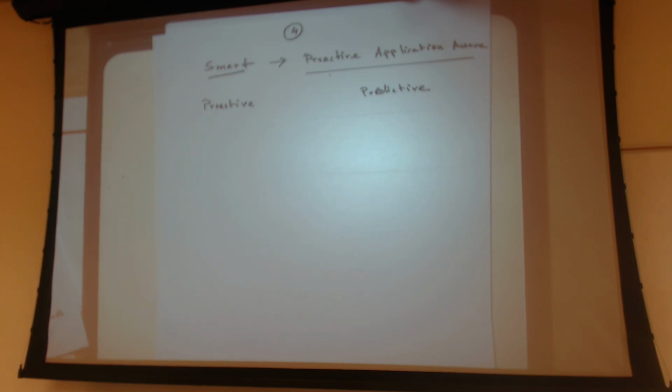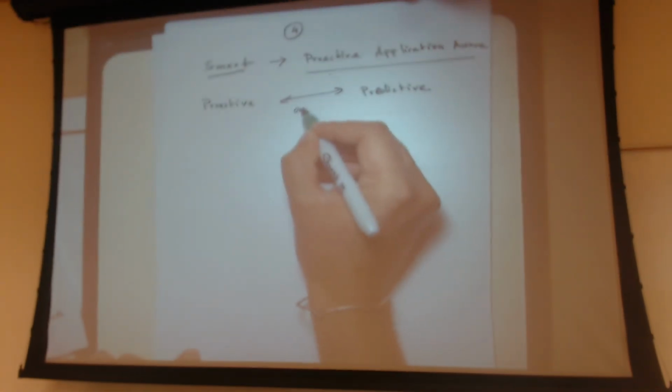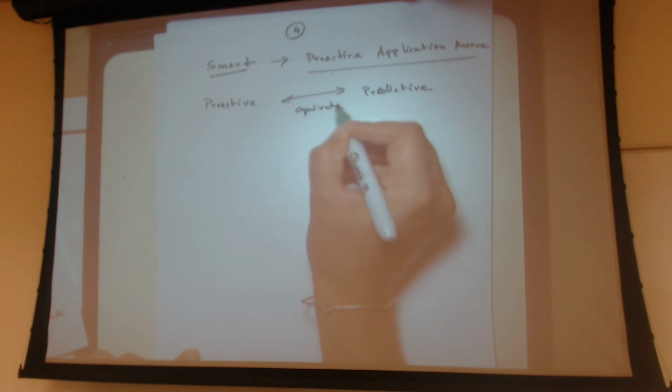But predictive means that you have some predictive algorithm and take an action that is predictive. So there is a slight distinction, but we will consider both to be the same. Right? Proactive, predictive, same thing for the purpose of this class. There is a slight distinction, but we will say that they are equivalent. So smartness means you have to be proactive and you have to be application aware.